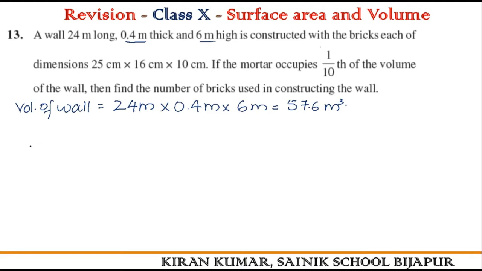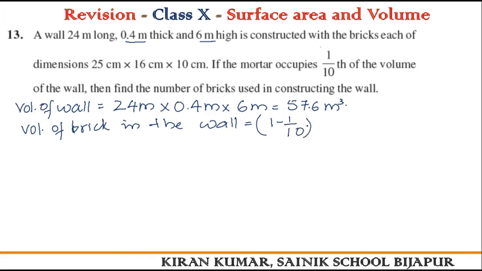They have also mentioned that mortar will occupy 1/10 of the volume of the wall. So the volume of brick in the wall will be 1 minus 1/10. From the total volume we need to subtract the volume of the mortar, so it becomes 1 minus 1/10 of the volume of the wall.